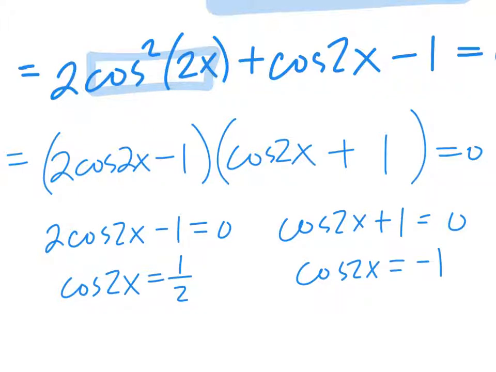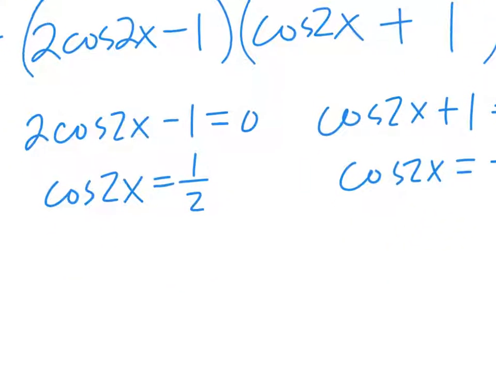You and your partner are going to solve this, just like what I showed you before with the 2x. Be careful, you are going to add the 360n and then divide by 2. Go ahead and figure out the answer. All right, let's take a look. Cosine 2x equals 1/2. What angle gives cosine 1/2? 60 and 300.